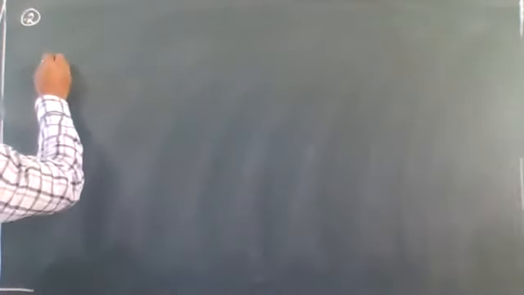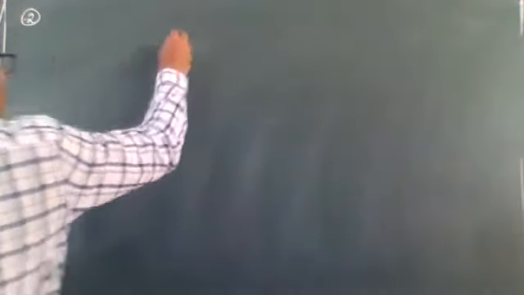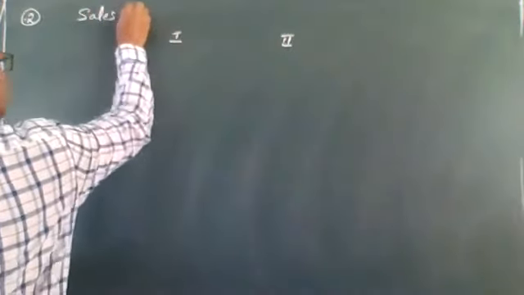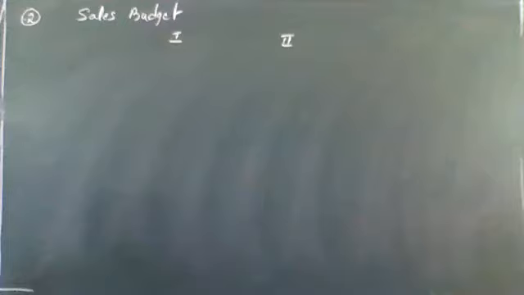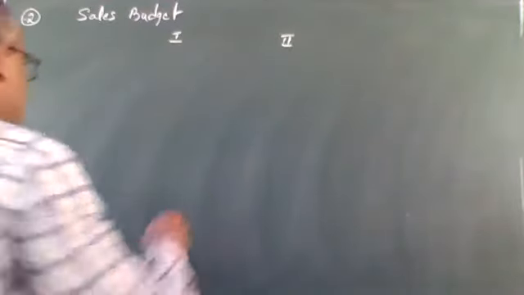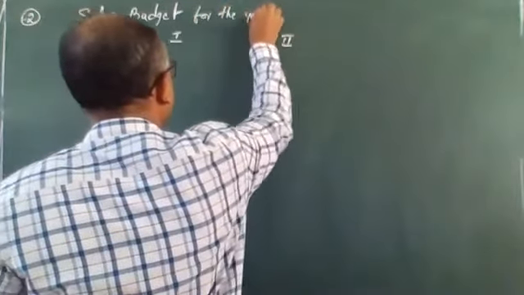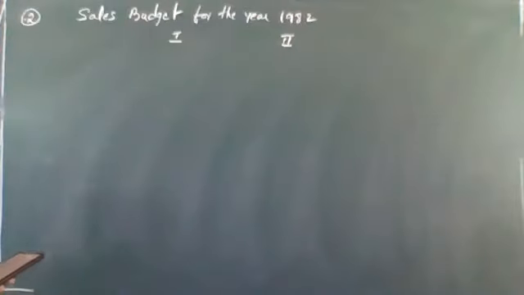So I will make this as product 1 and product 2. We are preparing the sales budget for the year 1982. That's what is given there. And the 2 products. All right.